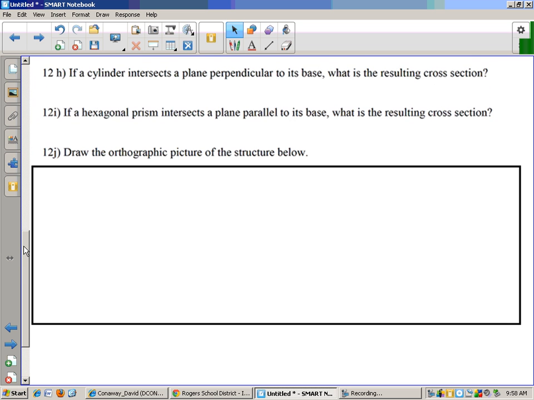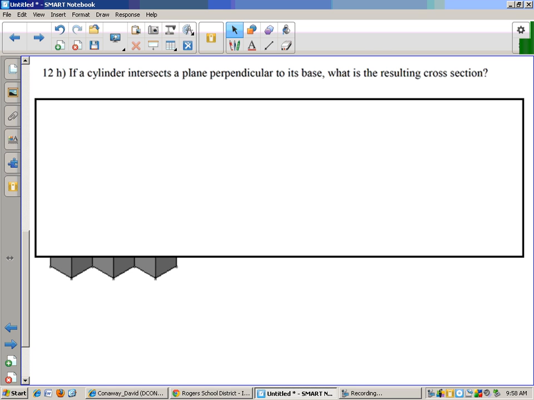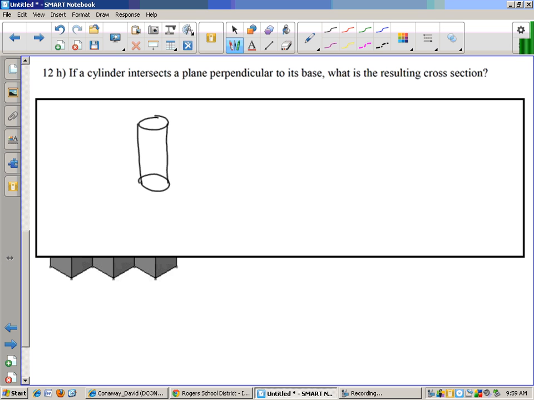If a cylinder intersects a plane perpendicular to its base, what is the resulting cross-section? Okay, what's the base of this shape? Circle. What direction would a plane be going if it was going to intersect perpendicular to this base?